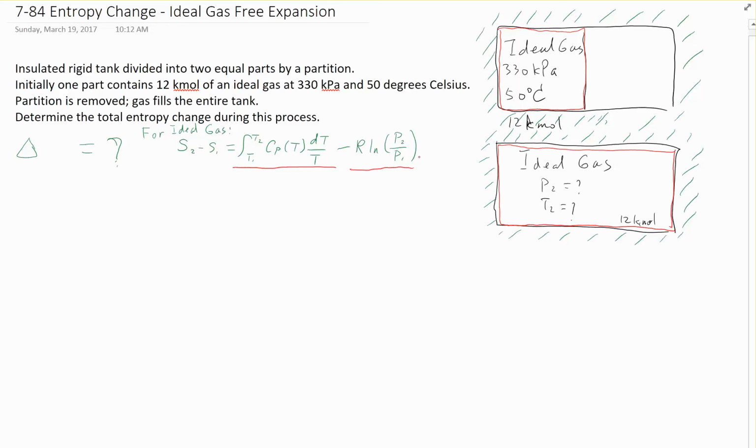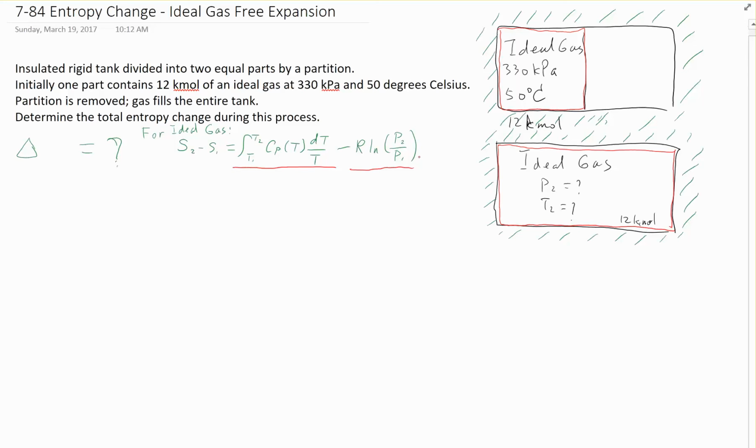So we cannot mathematically describe the change of all the properties in a well-defined way for this free expansion process. However, we can still assume there's an equivalent way you can move the system from the initial condition occupying half the rigid tank to the second condition.